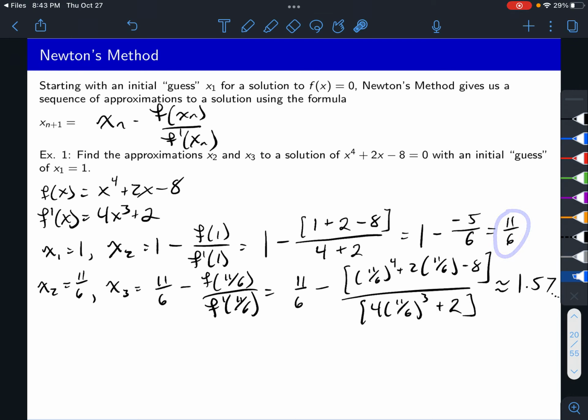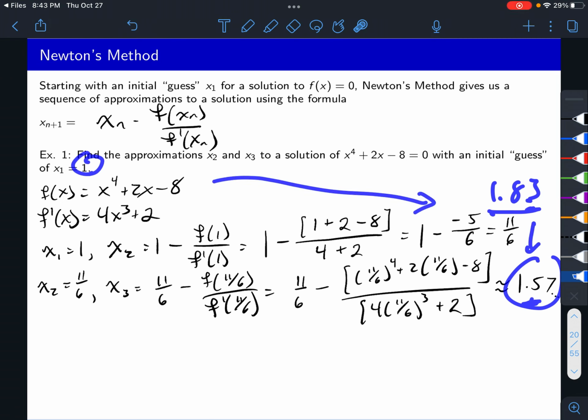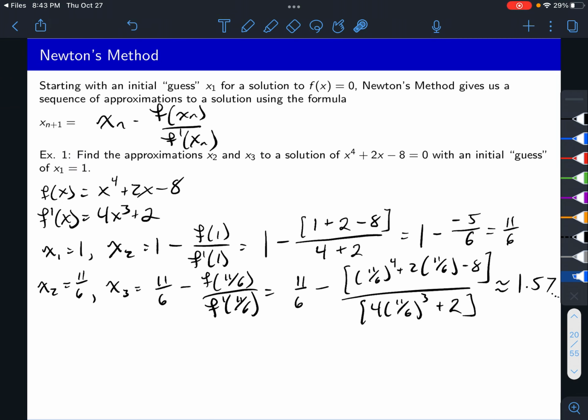So we start with a guess of 1, and then 1 and 5/6 or 11/6 is about 1.83. And so what's happening here is we're starting at 1. Our next approximation is 1.83, and then our next approximation goes down to about 1.57. So we go up a lot and then we go down a little bit.